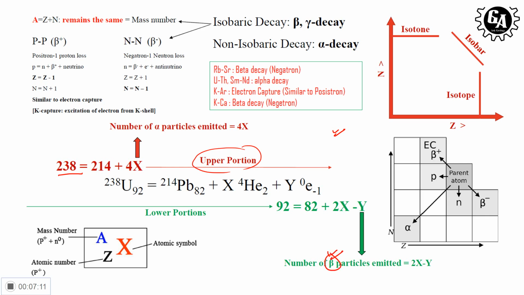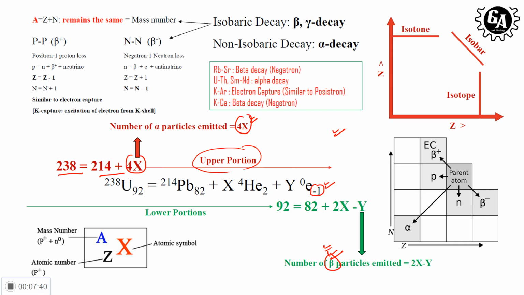So the upper one is 293 is equal to 214 plus 4x, where x is the number of alpha particles. In the lower portion, 92 is equal to 82 plus 2x minus y, you can see this minus 1, and this y is the number of beta particles.